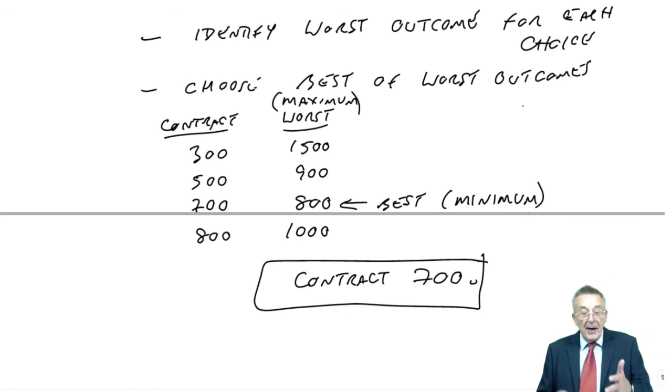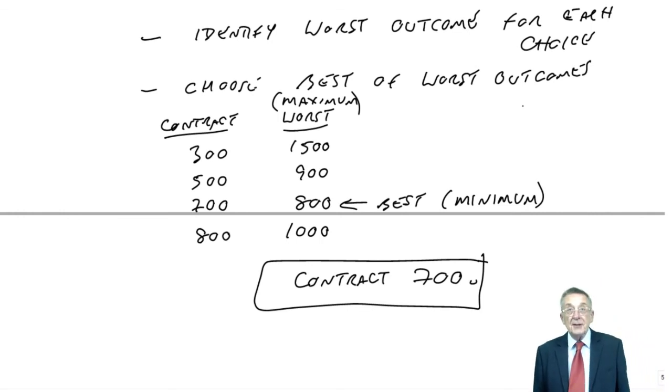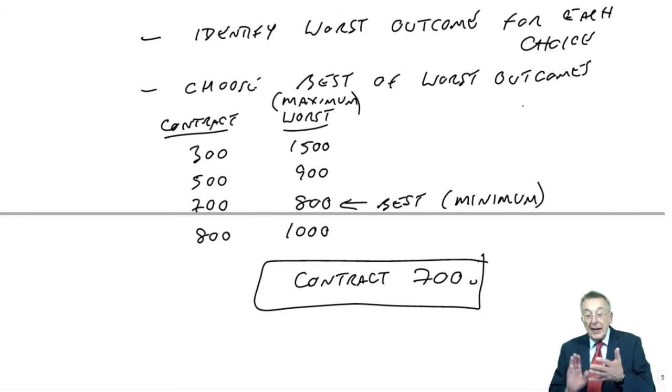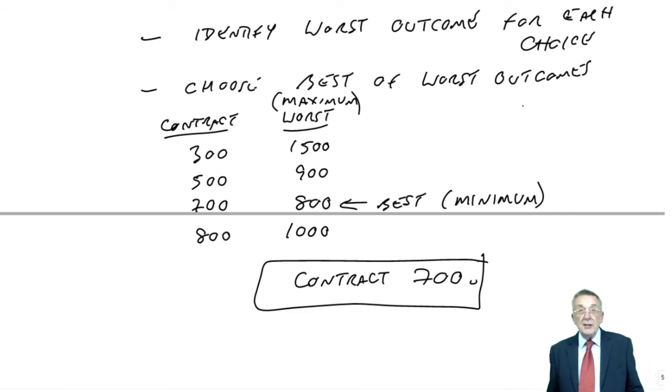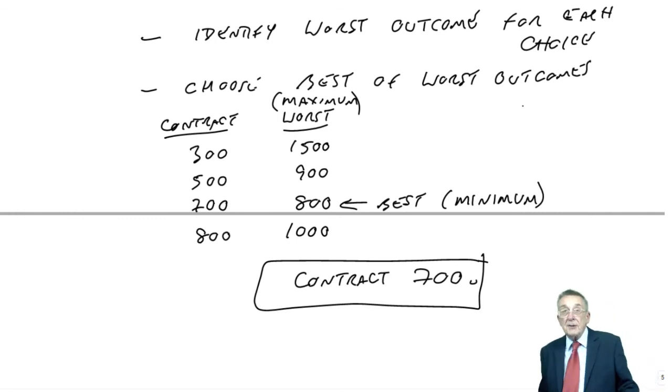And for the last time, there is no best way. You cannot be asked which is the best way, which is the best of those 4 choices. It depends on the attitude to risk, the amounts involved. You make the choice depending on whether you're being asked to use Maximin, Maximax or whatever.